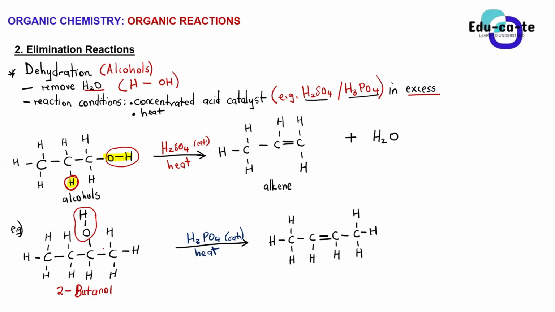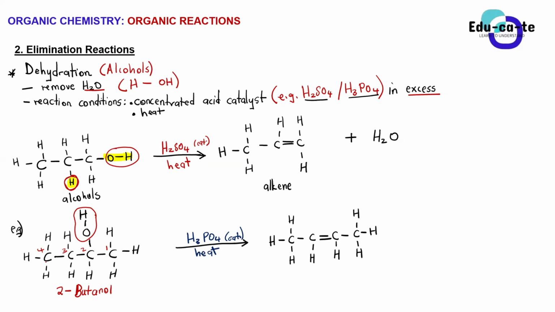Here we've got carbon 1, carbon 2, carbon 3, and carbon 4. You have 2 options. You can remove the hydrogen from carbon 1 or from carbon 3, because these are the carbons surrounding carbon 2 with the OH group. If you want to form a major product, which one are you going to remove from? That is when we bring in Zaitsev rule.